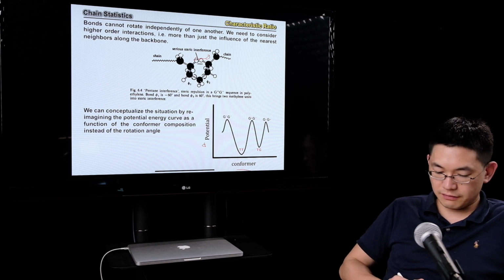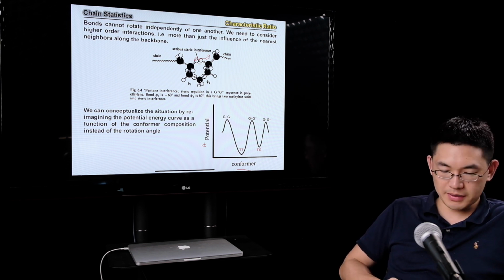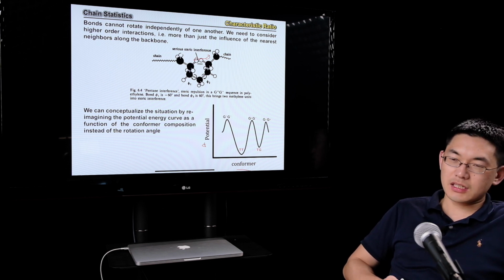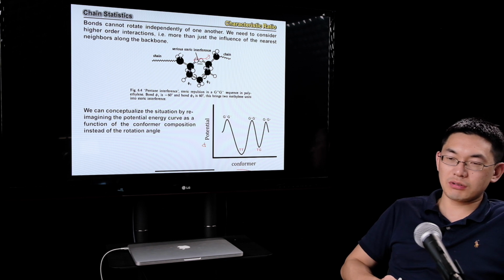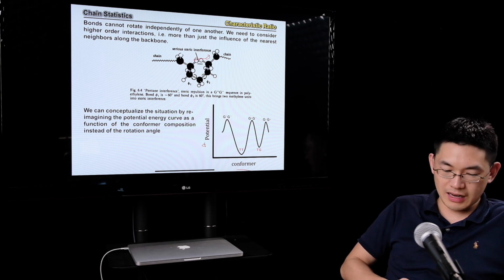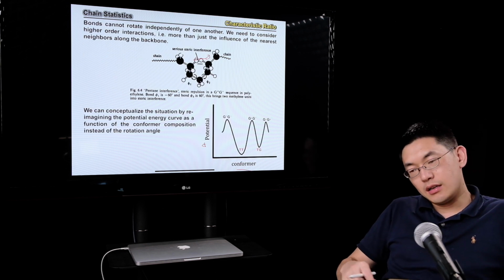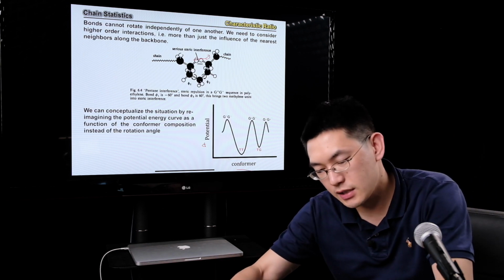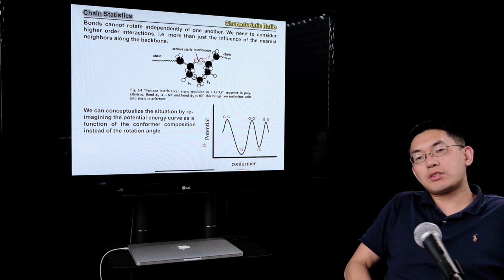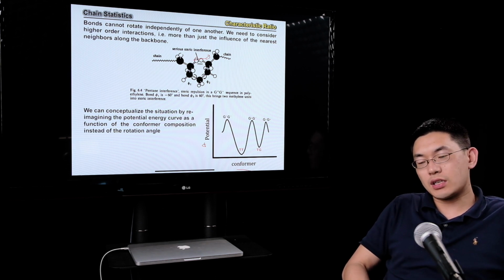You will generate a very complex chemical potential map, as shown here. So this tells you that although the hindered rotation chain model is close to reality, it's still not. And we're going to discuss a few more minutes about what the real chain looks like versus those chains.